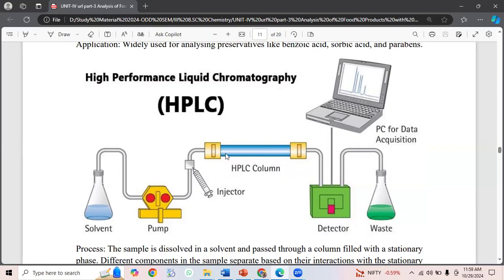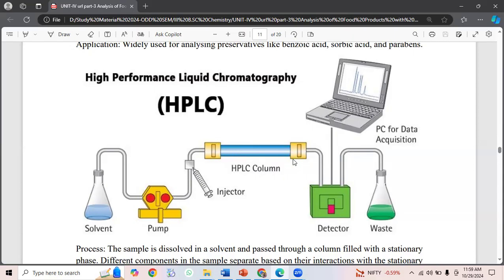It enters the mobile phase, which carries it through the column. The mobile phase, often a liquid solvent or a mixture of solvents, flows through the column under high pressure given by a pump.